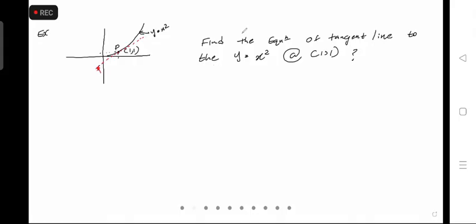I explained this one as an extra part. If you need to express the equation of a line, you should know the gradient and a point that the line passes through.